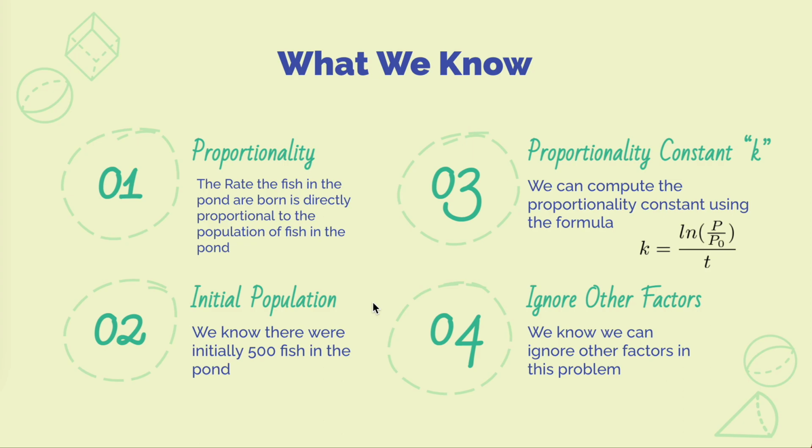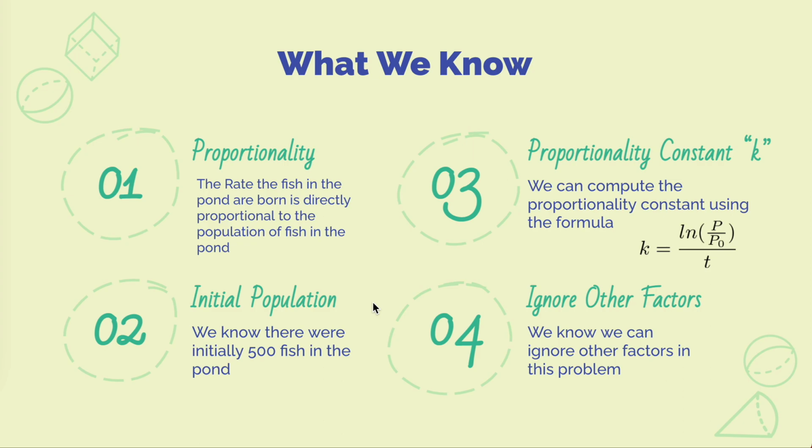K is equal to the natural logarithm of P divided by P naught, over t. And you can just derive this formula coming from the solution that we found to the model earlier and isolating for k. Now, obviously, it doesn't make sense to use the differential equation version if you have to compute the proportionality constant from the solution to the differential equation, which is why in most cases questions will give you this proportionality constant and you'll be asked to go from there using your regular separable differential equation methods.